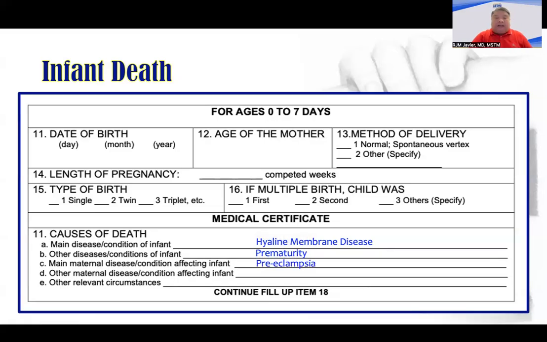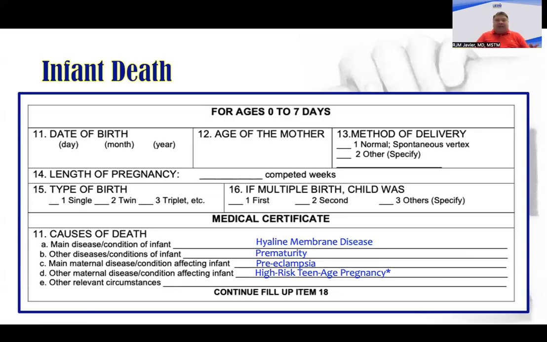It is possible that the mother developed preeclampsia. When I say preeclampsia, this is elevated blood pressure with associated proteinuria, and it becomes a medical emergency because there could be fetal distress wherein a mother can deliver a baby prematurely. And why did the mother experience preeclampsia? Because this is very common among high risk teenage pregnancies.